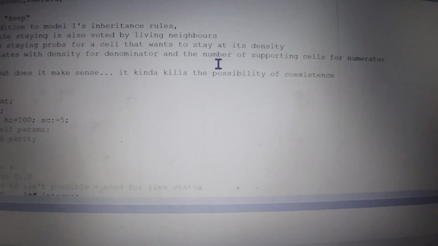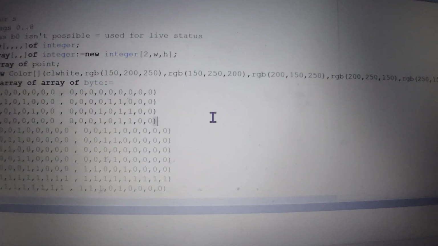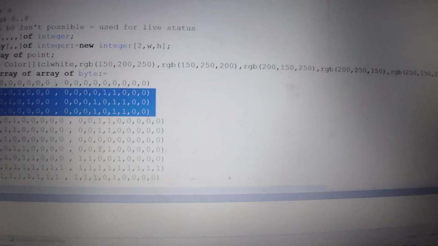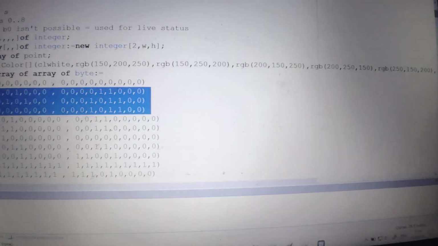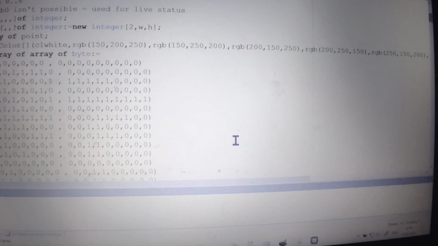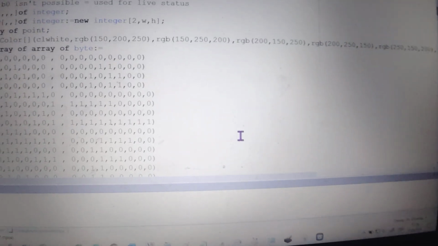Also we haven't here the more advanced rule. Let's take it away and try it with a more advanced simulation to showcase another funny thing I had to add.